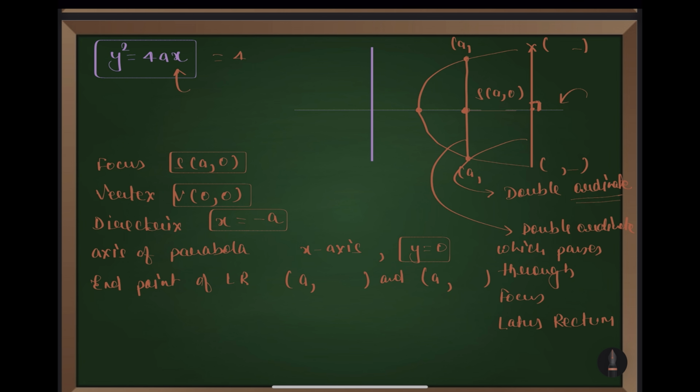So you will have 4a square. So y square is equal to 4a square. So can I say y will be equal to plus or minus 2a? So plus 2a, minus 2a. So this is your end point of latus rectum. I hope till this part you guys are comfortable.